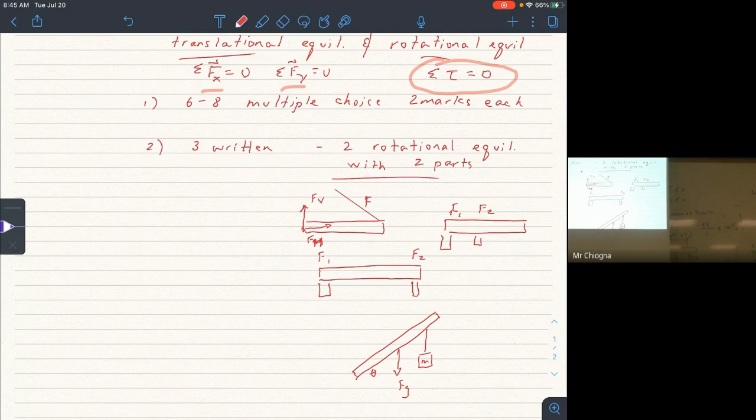There'll be another force somewhere, could be at the very end. Solve for that force, and solve for the forces at the pivot as well. I'm not going to get too fancy with pivots. Unless stipulated, there may be one on the multiple choice, the pivot's going to be on the far end, the left side.